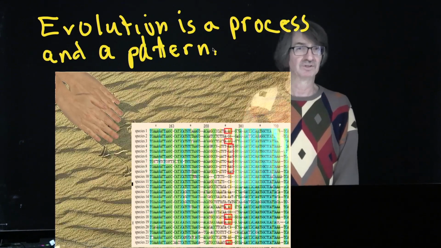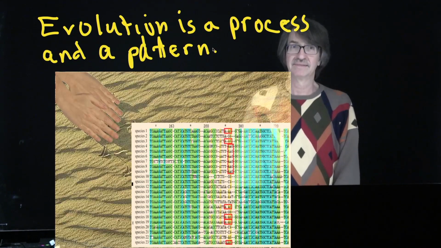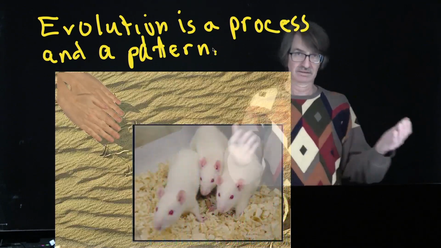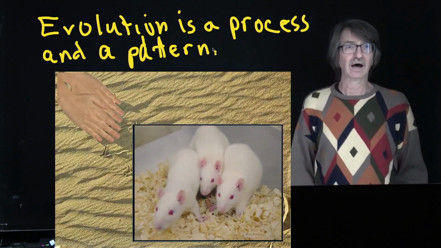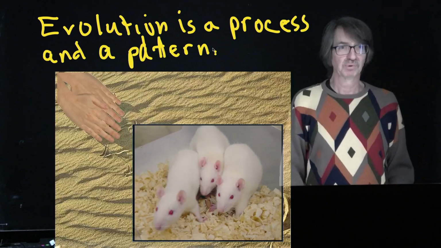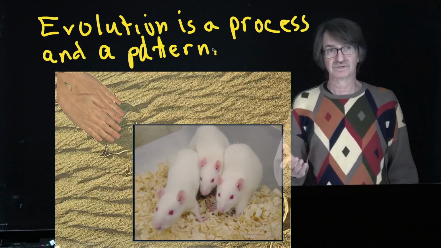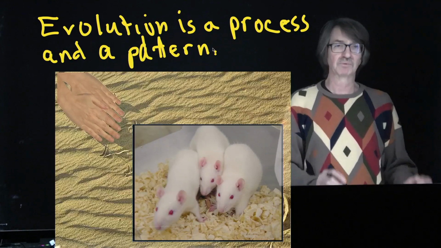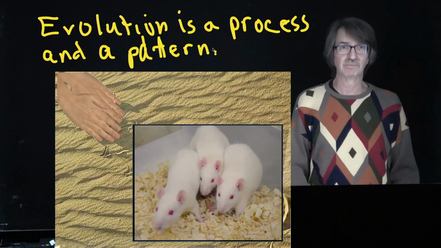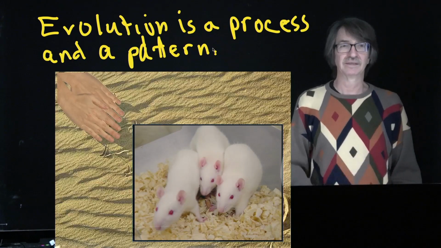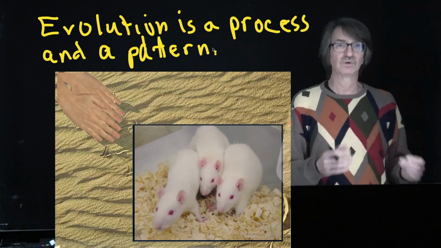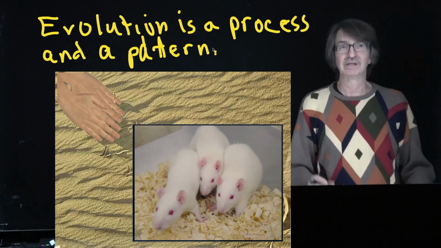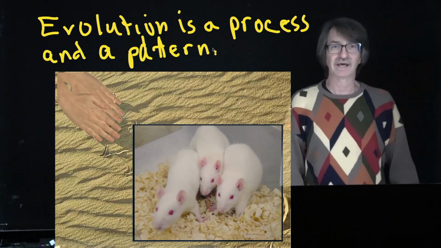Now, modern biologists don't limit themselves to DNA. Everything on Earth points to the process of evolution occurring. Here's an example of that. These are laboratory mice, and everyone's comfortable with the idea that, well, we could test these mice, we could study the insulin in these mice to help us understand human health and diabetes and medical conditions like that.